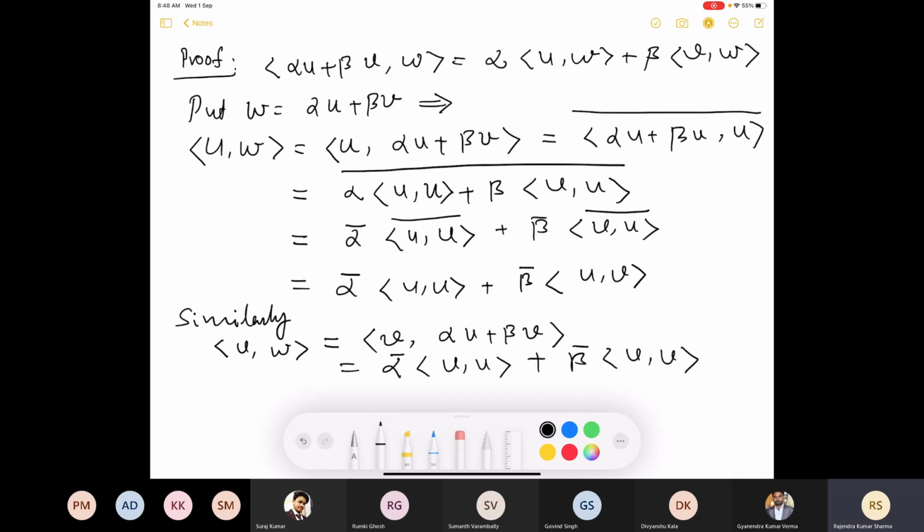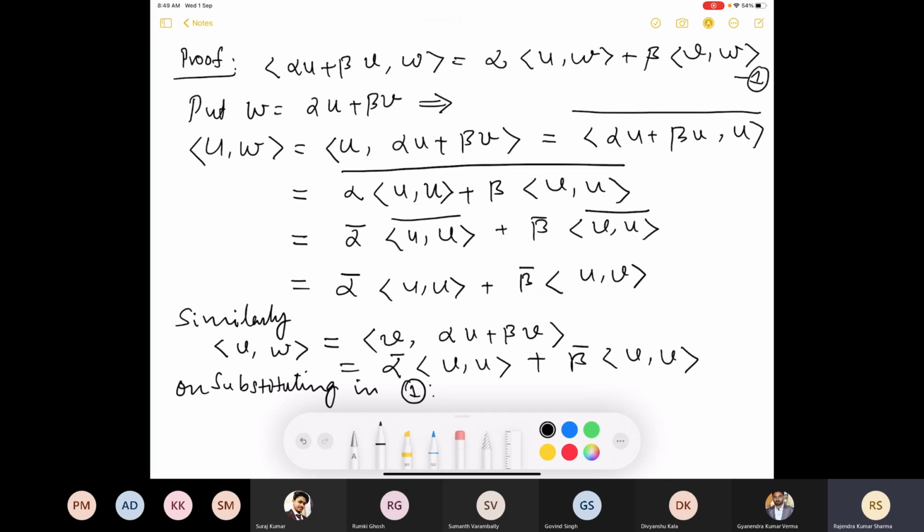So if you substitute here in the first one, then for u comma w, when you substitute, so this is your, let us say, one. So on substituting in one, so this alpha u plus beta v comma w. So this is alpha outside. For u comma w we are substituting.